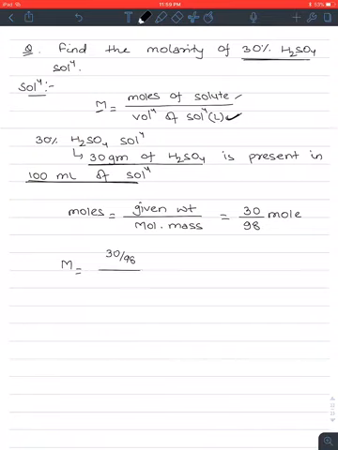So molarity is 30 upon 98 divided by 100 upon 1000, which is 300 upon 98. This will be the molarity of this 30% H2SO4 solution. So in this way we can calculate the molarity if they have given percentage weight by volume, or we can calculate percentage weight by volume if they have given molarity of the solution.